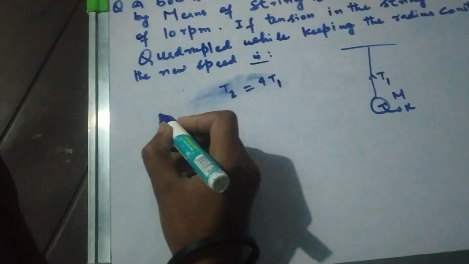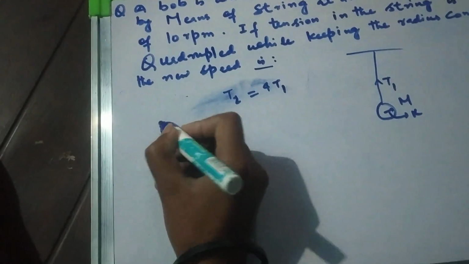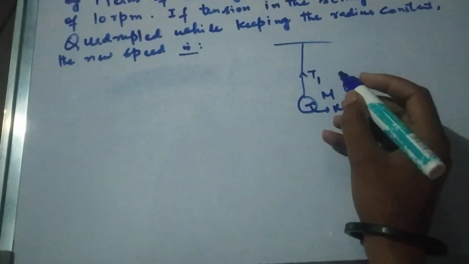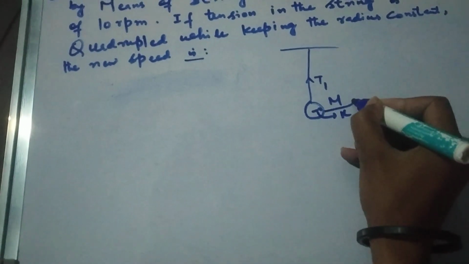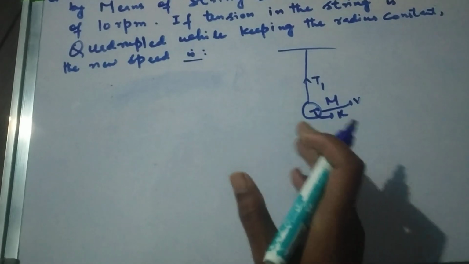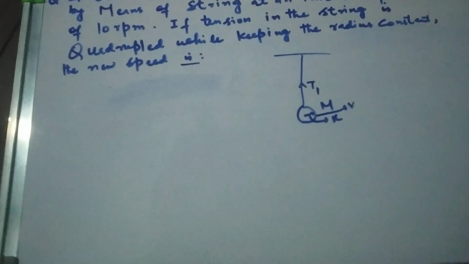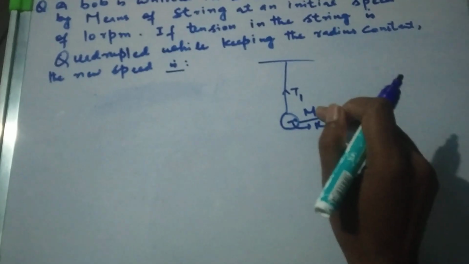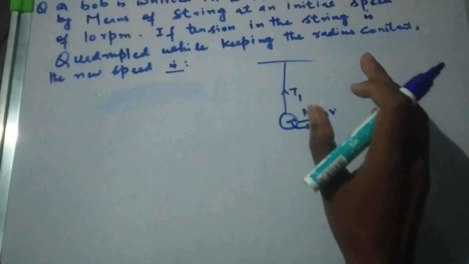Here we know the centripetal force. When we give some velocity v, the bob revolves and only one force acts, that is the centripetal force.